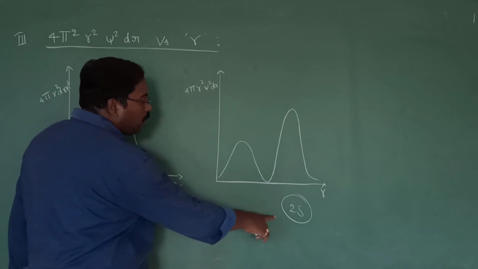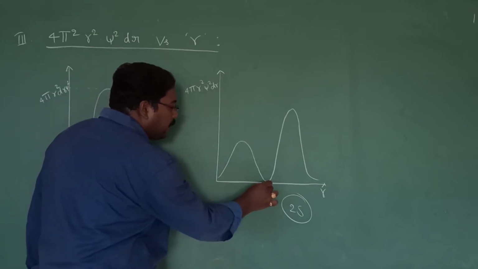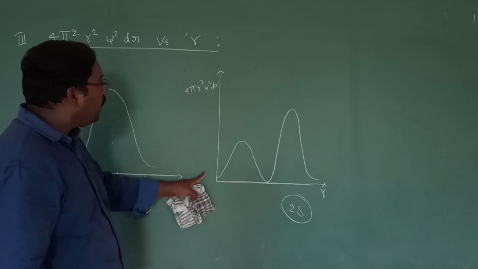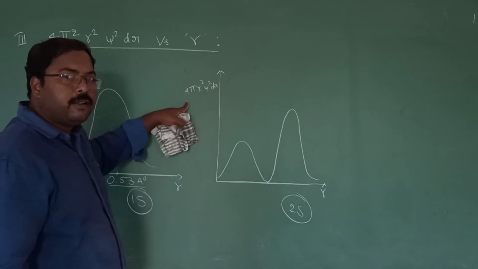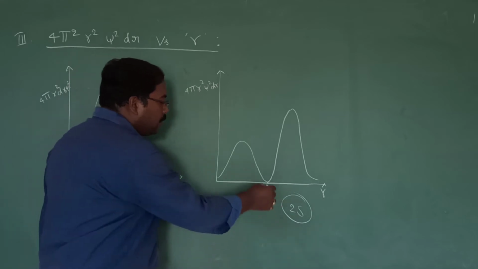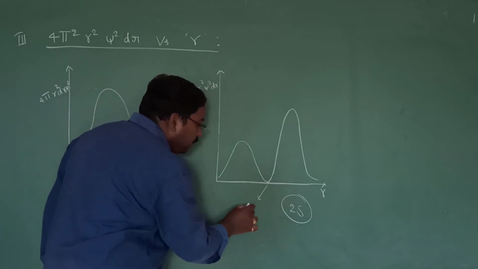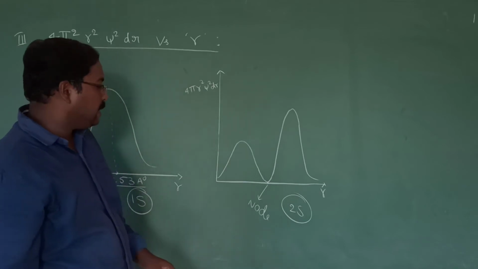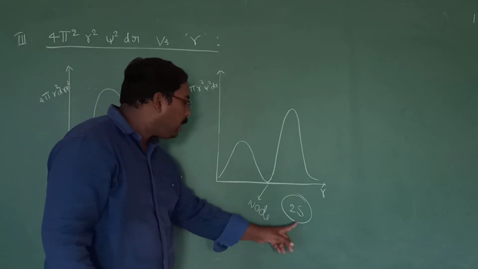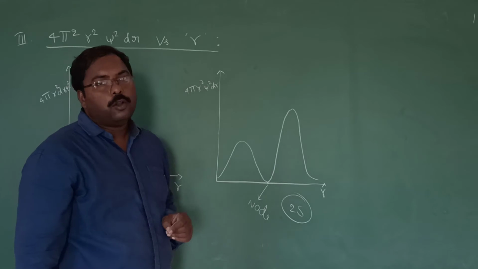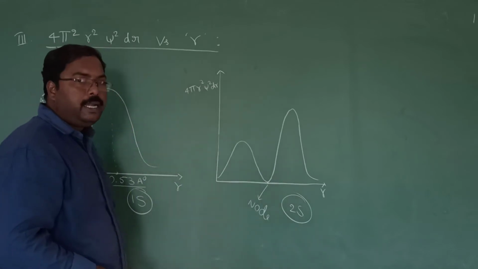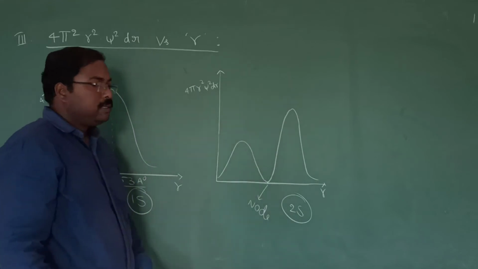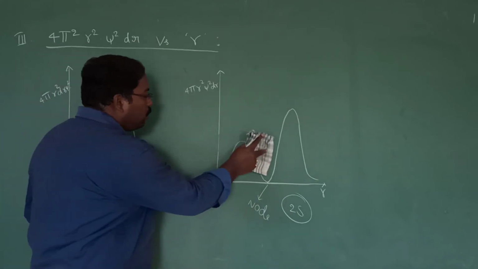Again for the 2s orbital, it is touching the x-axis, so the corresponding probability of the electron is 0. So this represents a node, or nodal region. So for the 2s orbital we found one nodal region. Right? Somebody will doubt, sir, why did we get two curves?